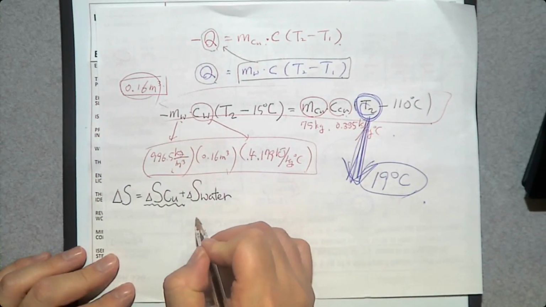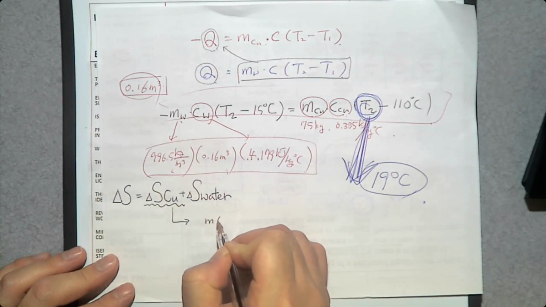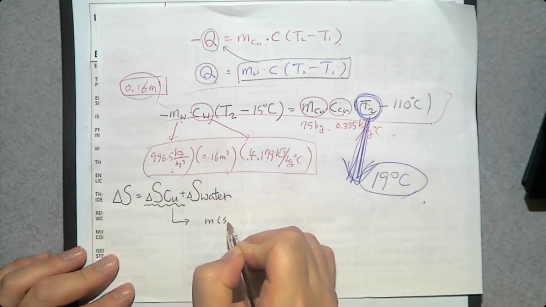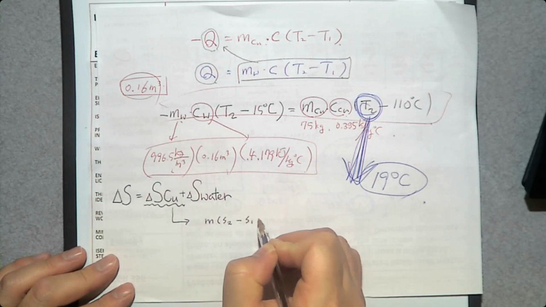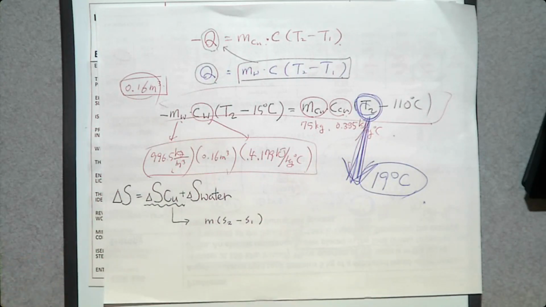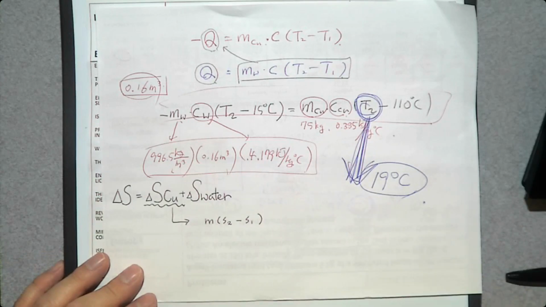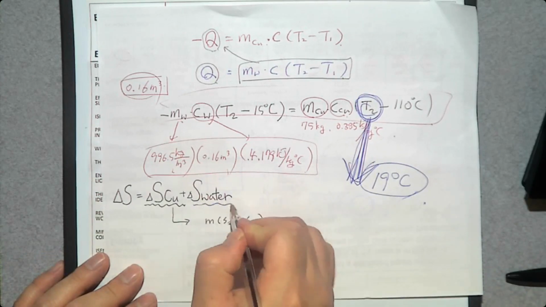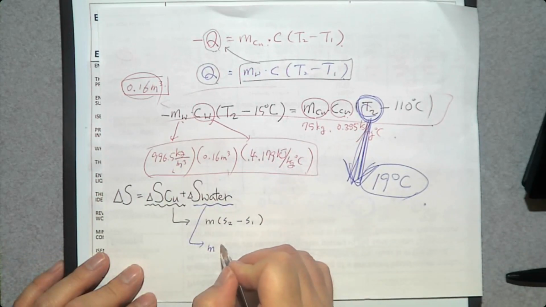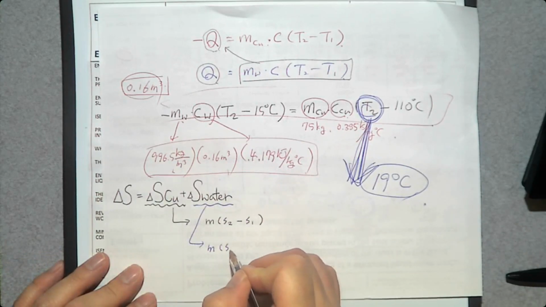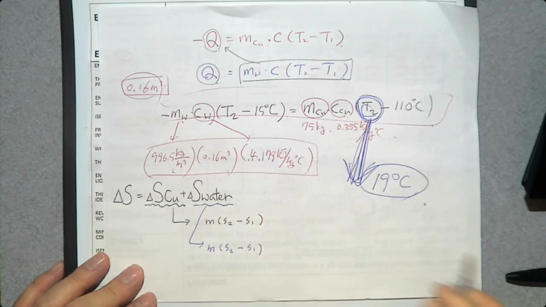So how can we do that? We can calculate this by mass times the specific entropy at the final state minus specific entropy at the initial state. What about this water? We can do the same. The mass of water times the specific entropy at the final state minus specific entropy at the initial state.